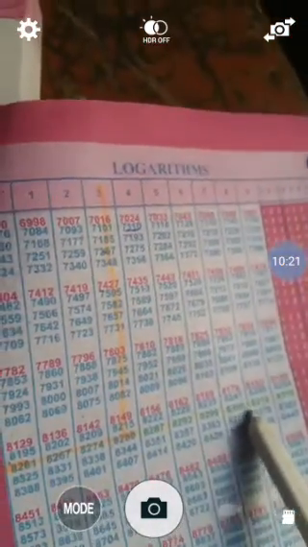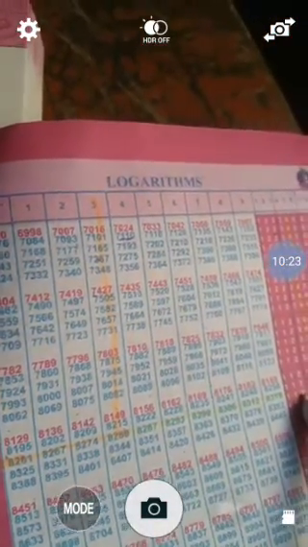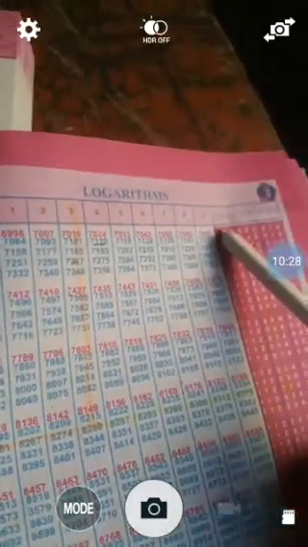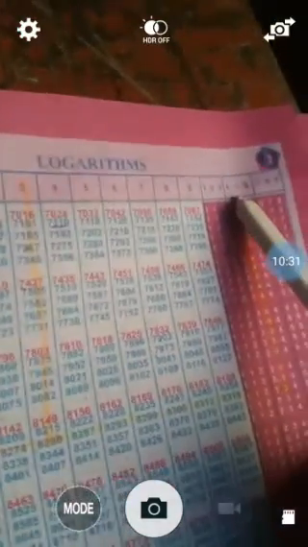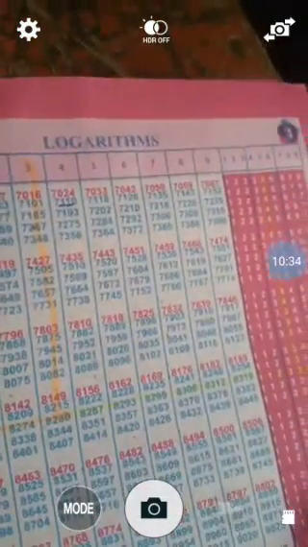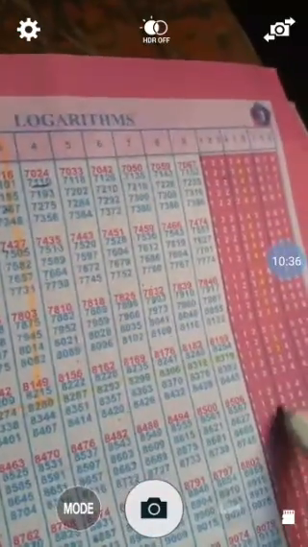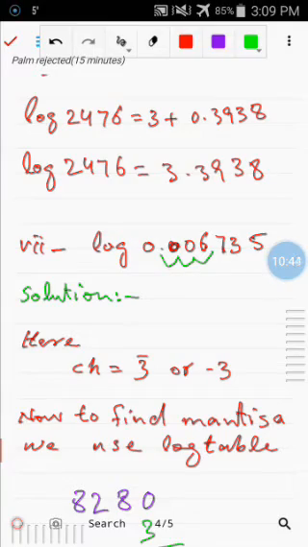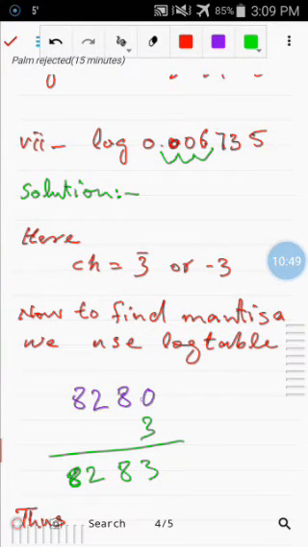Now we see it on the difference table in the 5 column, which is equal to 3. So we add 8280 with 3, which is equal to 8283.